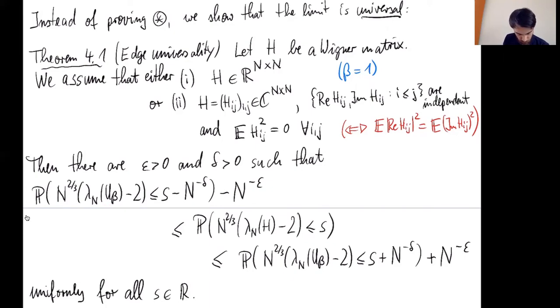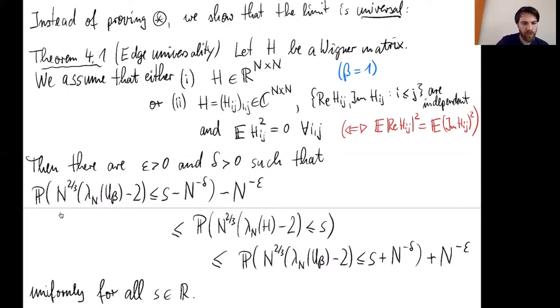And as a lower bound, we get the same thing, but then we have to shift the S by n to the minus delta to the left, and we also have to make the probability by n to the minus epsilon smaller. And then as an upper bound, we get the same expression, but both times here with the plus.